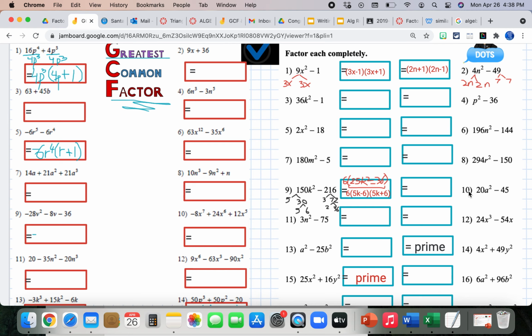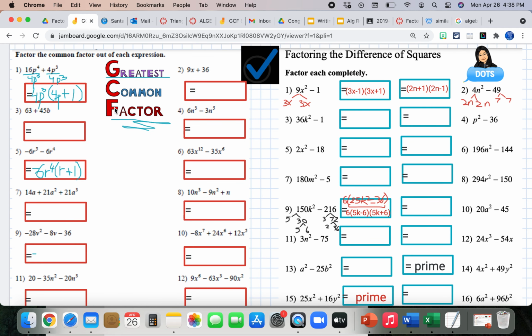Another one? Okay, let's take a look at this one. Same thing, greatest common factor, factor it out first, right? If we don't see the perfect square in there, remember, I mentioned before, any type of factoring method, you might have the greatest common factor in there that you have to factor out first before you begin to see the difference of two perfect squares, and then you can use that method.